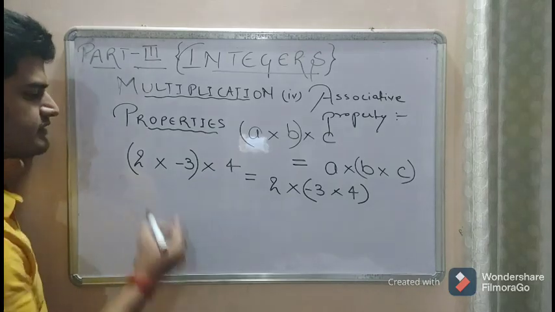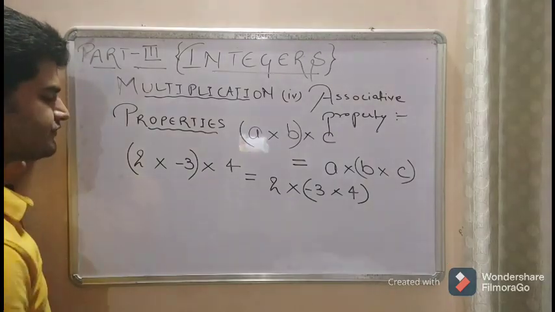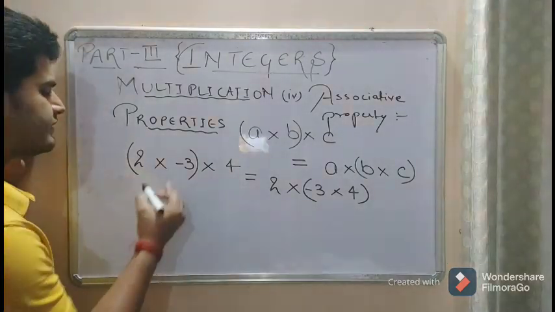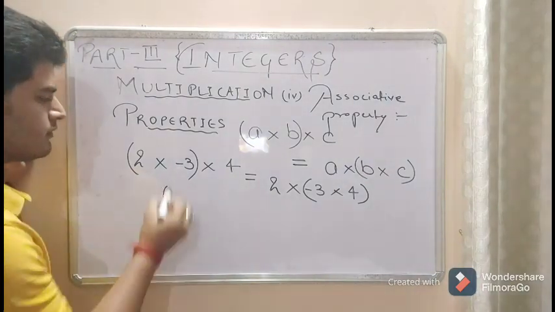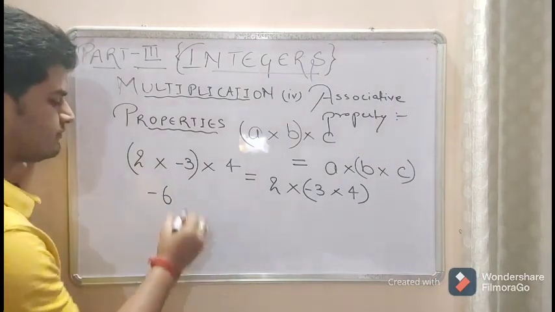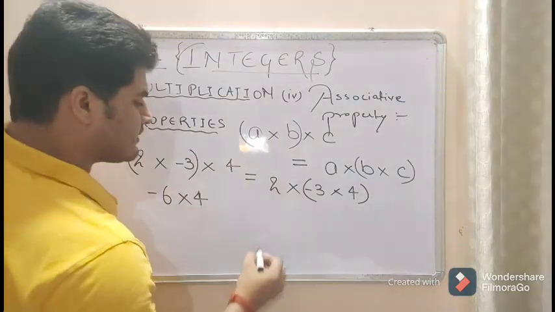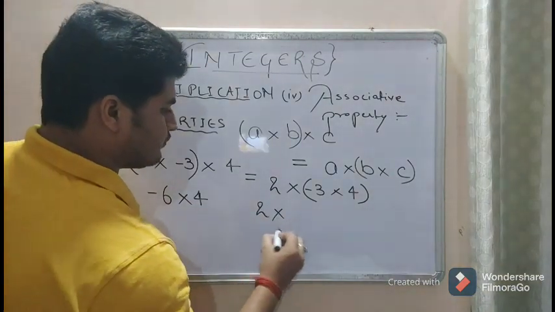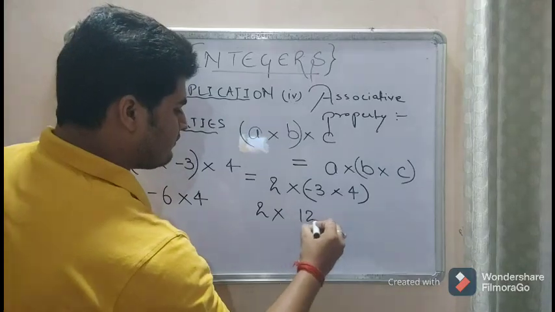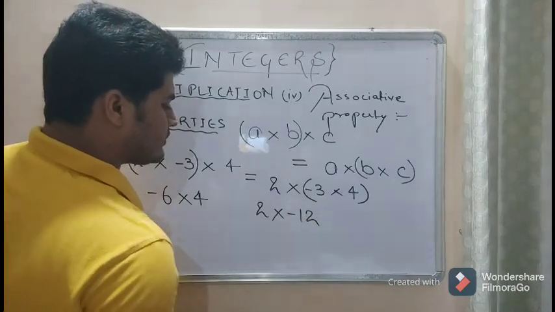Now as the bracket is present, we will solve this first. 2 into -3, 2 3s are 6, minus sign, so -6, -6 into 4. Let us solve the right hand side also. 2 into 3 4s are 12, minus sign is here, so -12.